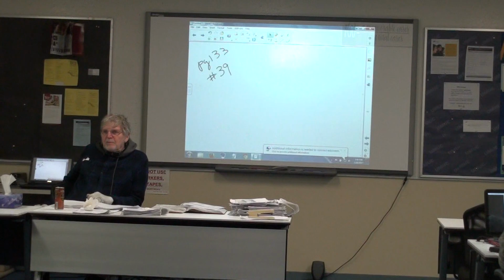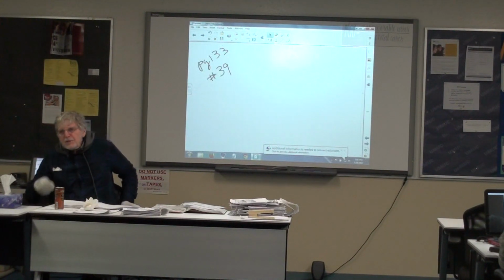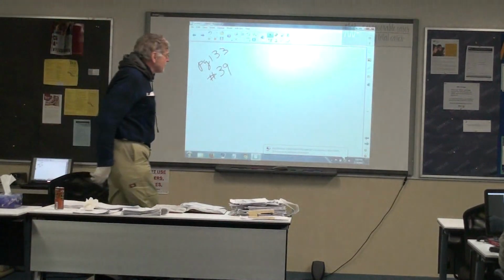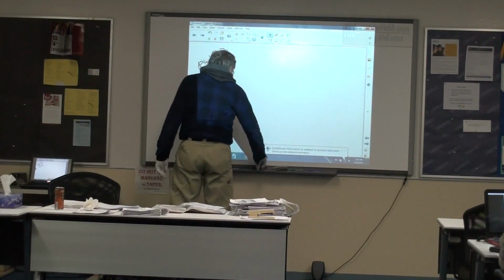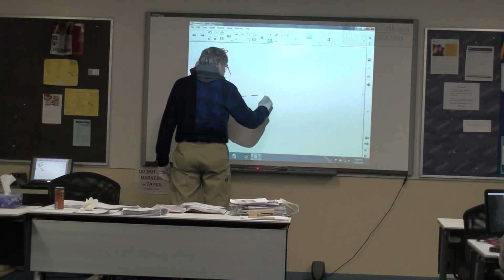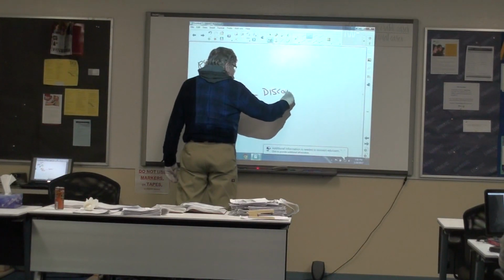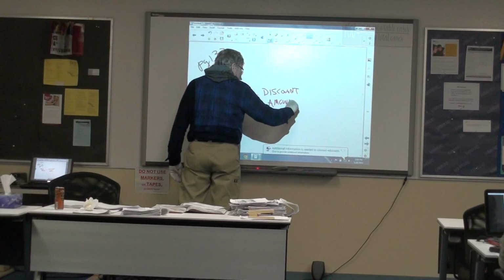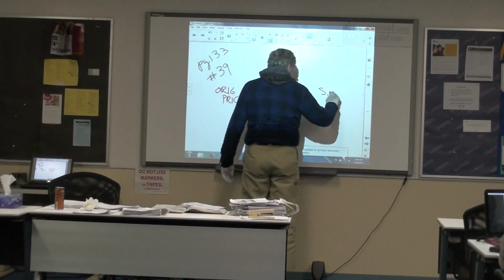Okay, I'm gonna give you a hint. Original price minus the amount of discount equals the sale price. So original price minus discount amount equals sale price.